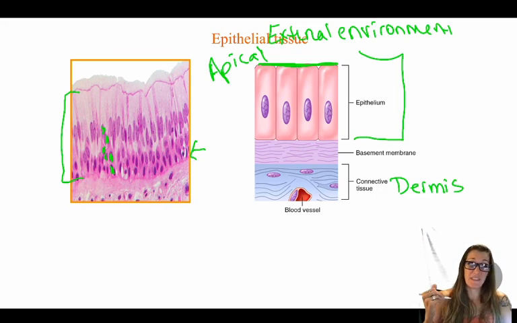And this happens a lot, tons in epithelial tissue. It's highly mitotically active and highly regenerative. Even in the epithelial tissue that has a single layer, it's very, very active, and it's very, very regenerative.